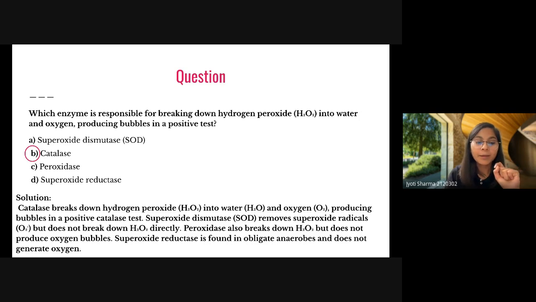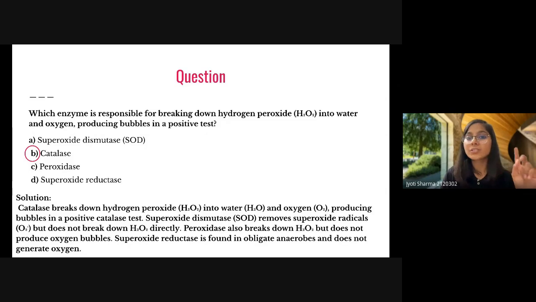Just see here: catalase breaks down H2O2 into water and oxygen, but superoxide dismutase removes the superoxide radical, and peroxidase breaks down H2O2 but does not produce oxygen bubbles. And option D, superoxide reductase, is found in obligate anaerobes and does not generate oxygen. So B is the only right answer.